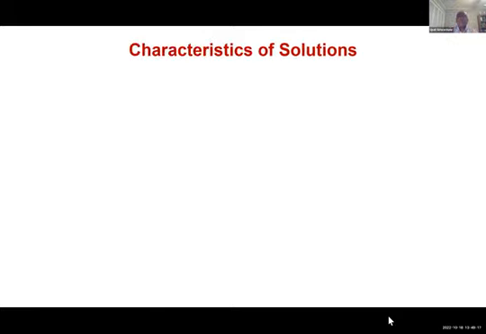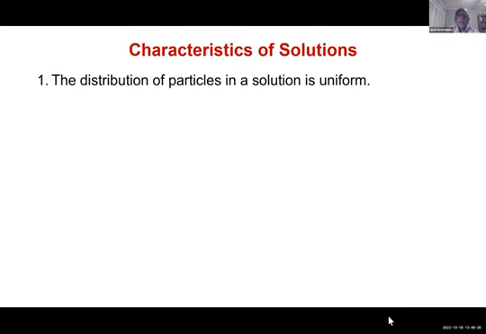Now let's look at what the characteristics of homogeneous mixtures are. I am talking about solutions, I mean homogeneous mixtures. What are the characteristics? As we discussed, in homogeneous mixtures the distribution of components in the solution is uniform.